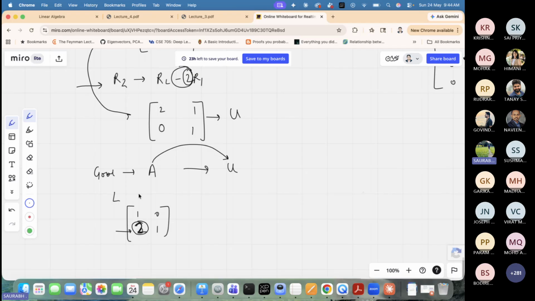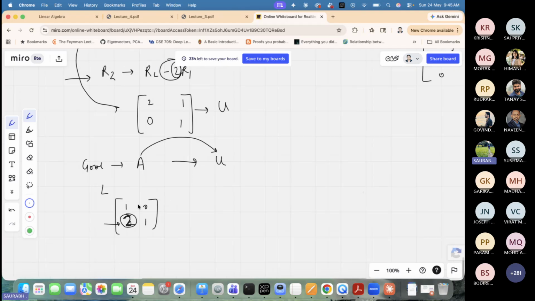Now let's look at this multiplication. 1, 0, 2, 1 is my L matrix. When I multiply it with the upper triangular matrix, which is 2, 1, 0, 1, what do I get? 1 into 2 plus 0 into 0 is 2. Then 1 into 1 plus 0 into 1 is 1.